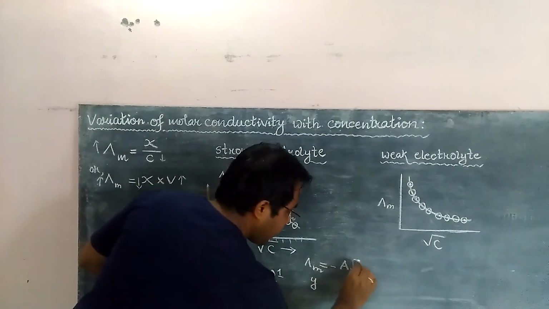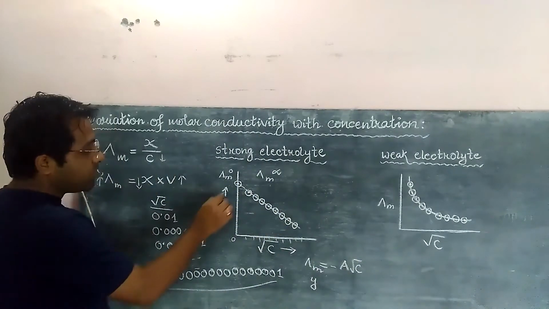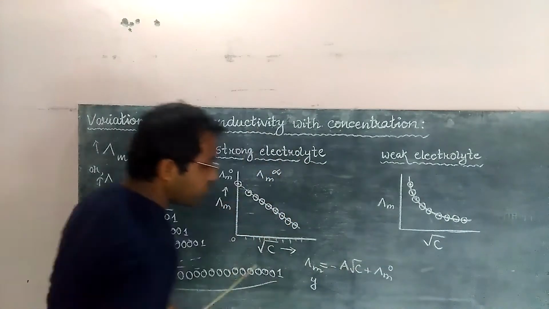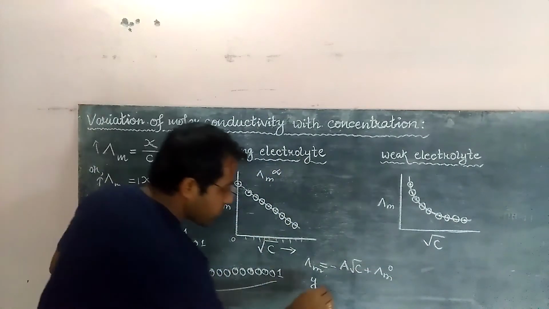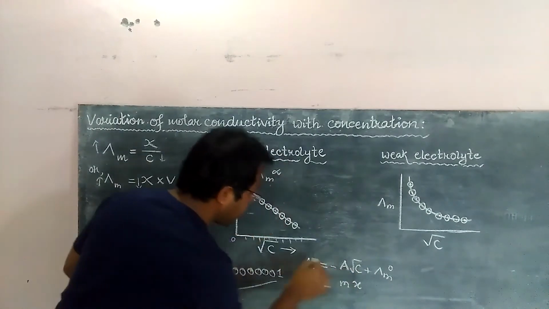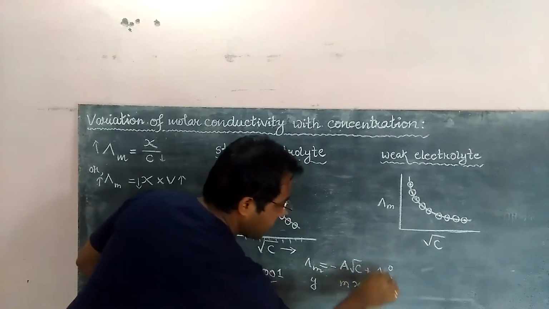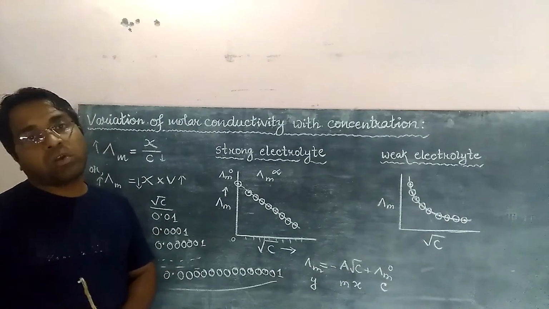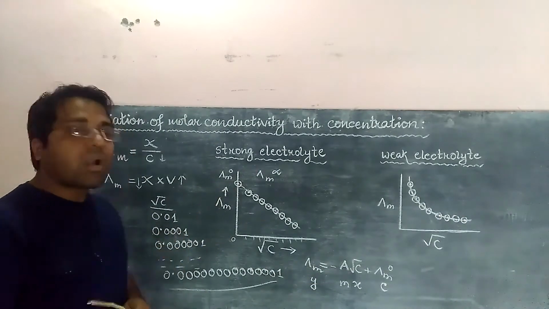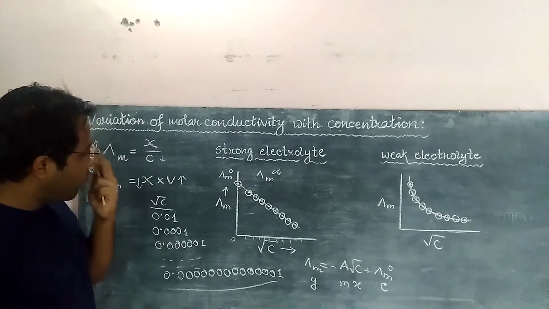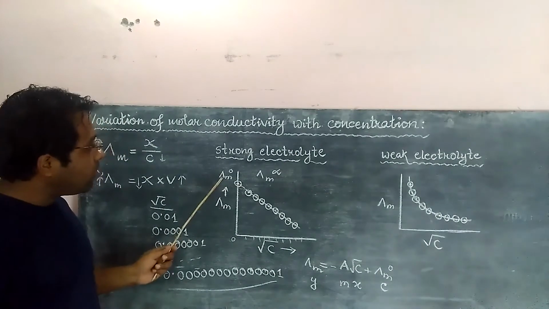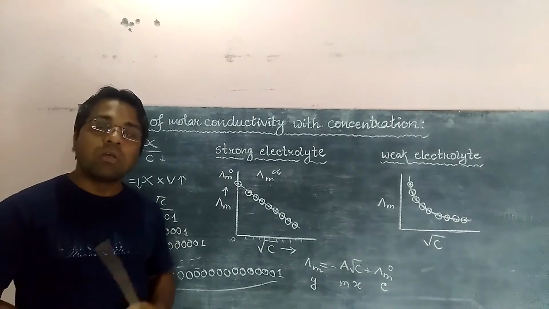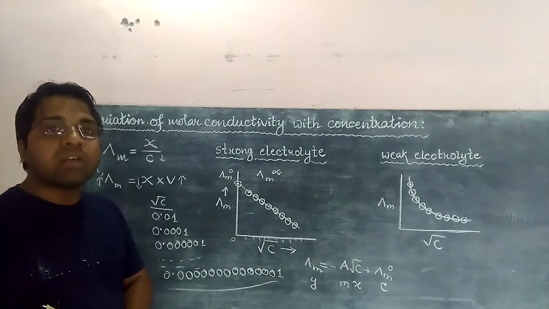The x-axis is root over c, and the intercept is lambda m naught. So for strong electrolytes, by using the graph or from the experiment, we can find out the value of lambda m naught, that is, limiting molar conductivity or molar conductivity at infinite dilution.